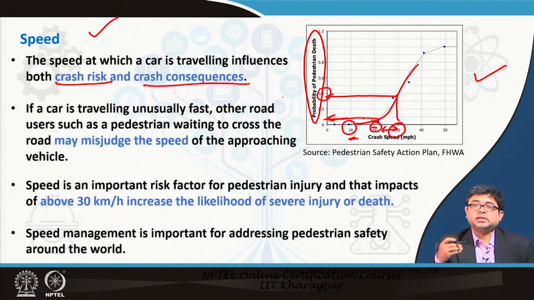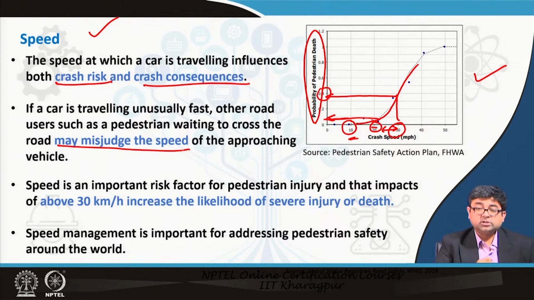You have to always keep in mind that the road is not only for motorized vehicles, the road is for all users. The road is for a pedestrian, for a bicyclist, for different types of non-motorized users as well. That is the training, or the behavioral change, that all motorists have to bring in themselves. The major cause for these crashes is that the pedestrian misjudges the speed of the vehicle that is coming towards him or her, right.